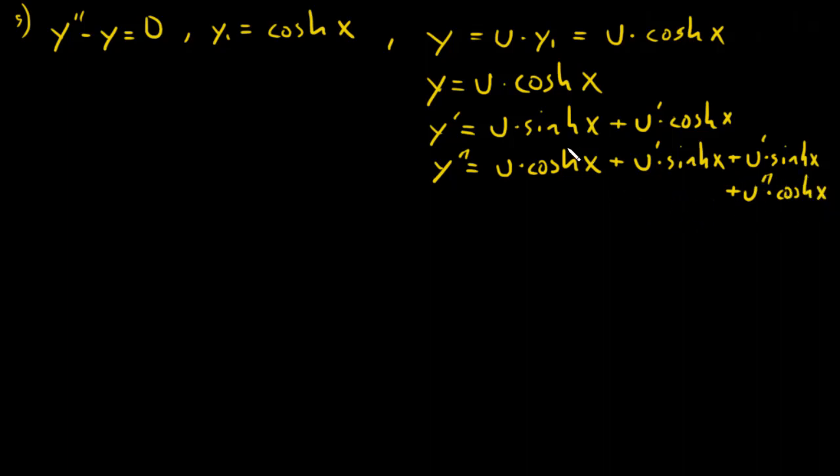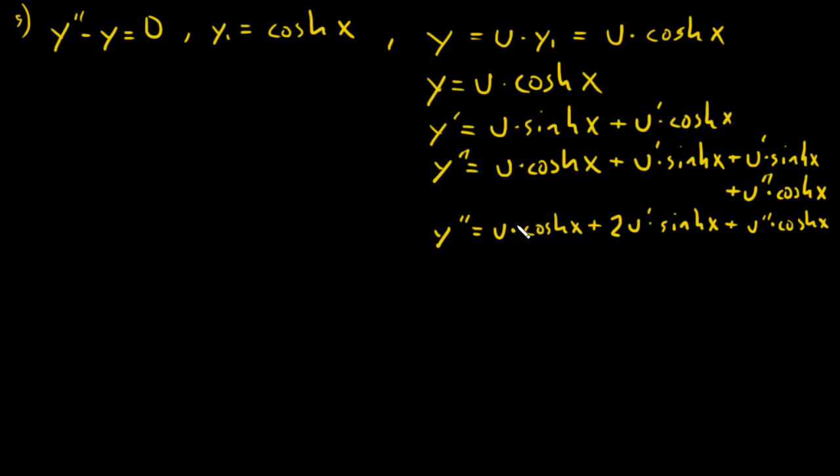But when I combine this, y double prime is equal to u times cosh x plus 2 u prime times sinh x plus u double prime times cosh x. All right. So that's what I get for my y double prime.